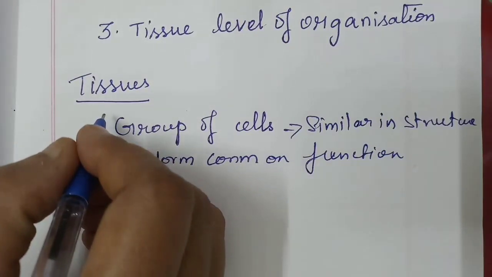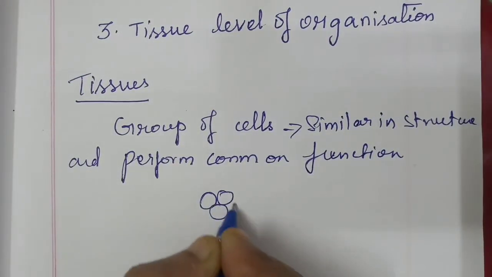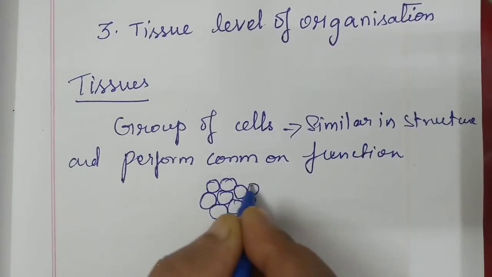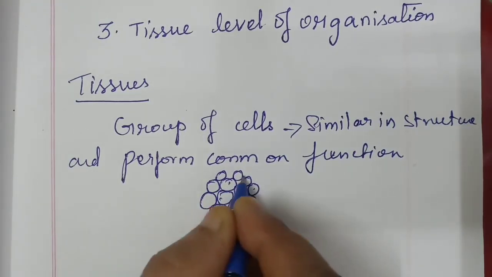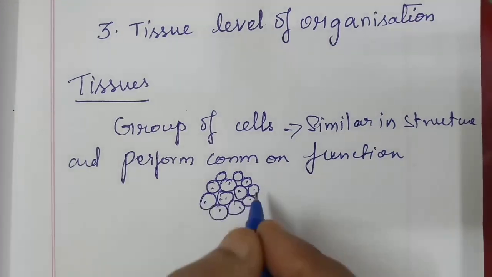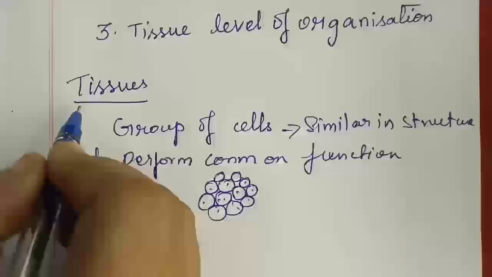So, a group of cells that are similar in structure and perform common or related function is called tissue.